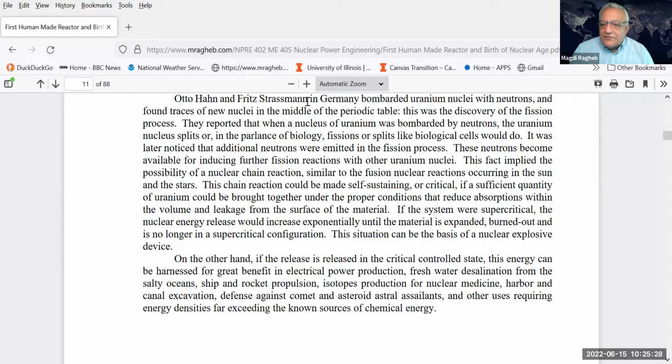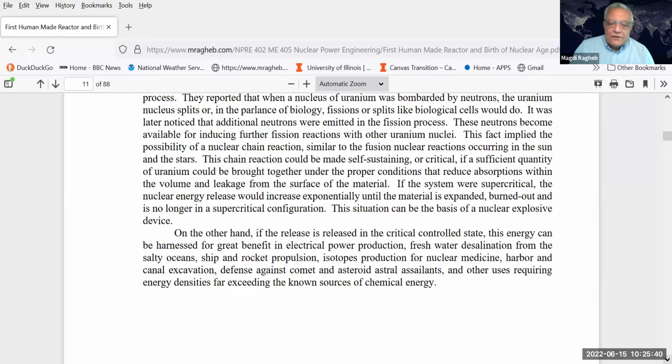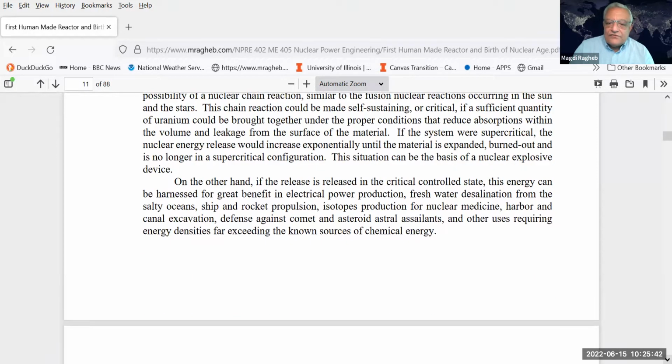She communicated her information, that is Lise Meitner, to people in the United States, in Norway, and the UK, Rutherford, for instance.